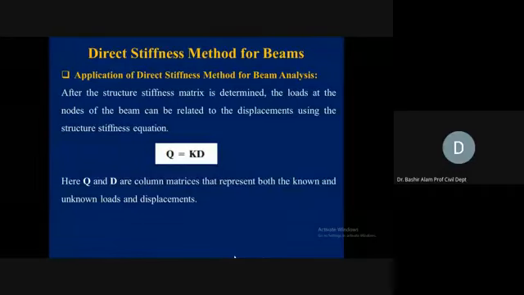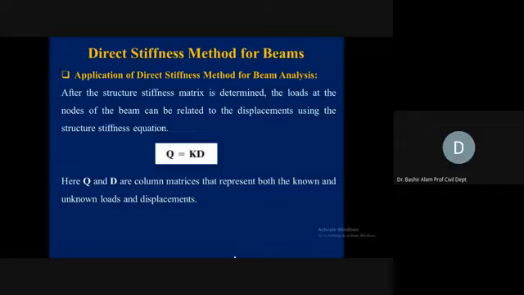When you come across different books, for the action, sometimes they use A, sometimes they use Q. For the stiffness, sometimes they use S, sometimes they use K. For the displacement, sometimes they use delta and theta, sometimes they use the general D. Here, Q and D are column matrices that represent both the known and unknown loads and displacements.